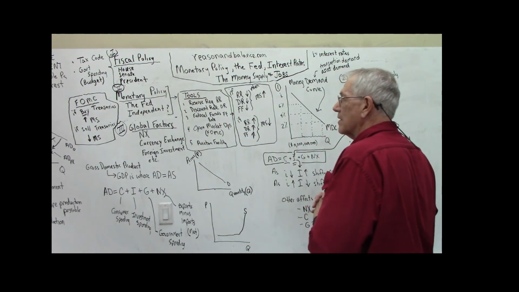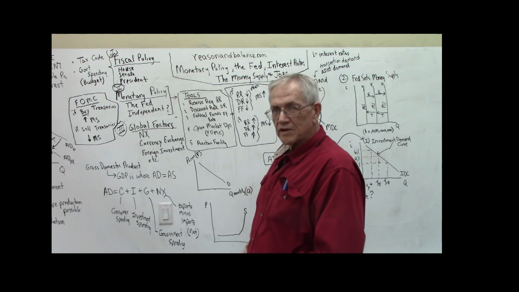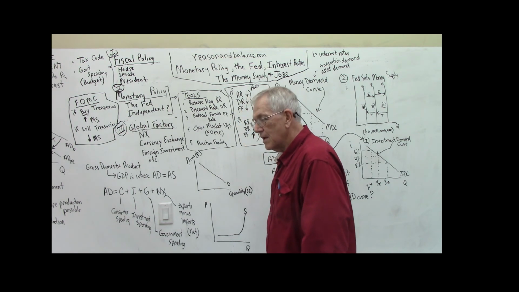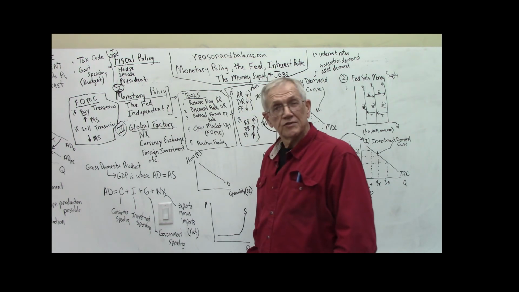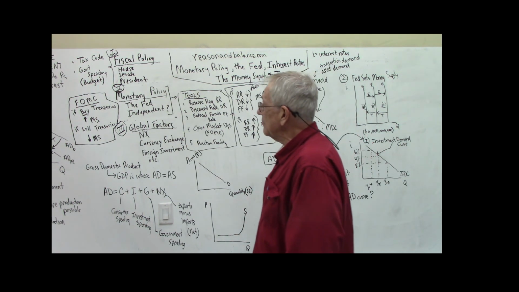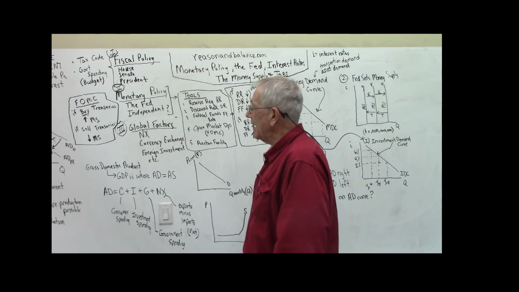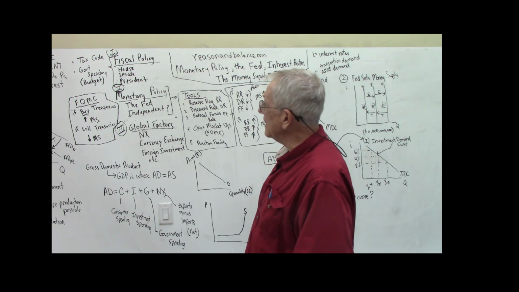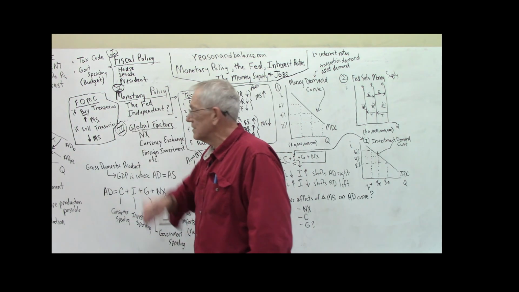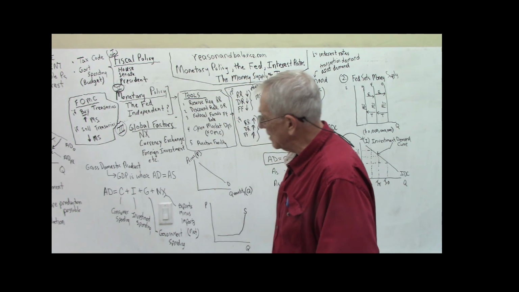If the Federal Open Market Committee decides that they're going to buy U.S. Treasuries, that's bonds, notes, and Treasury bills issued by the federal government, Uncle Sam, and goes out and buys those in the open market, that has a tendency to increase the money supply. So if the Fed buys U.S. government treasuries, that increases the money supply.